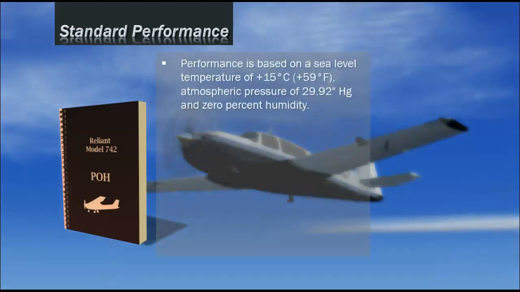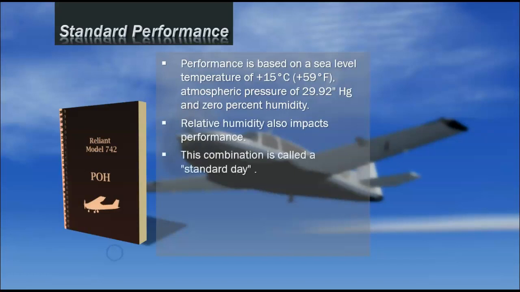Performance is based on sea level temperature, which is 15 degrees Celsius or 59 degrees Fahrenheit, atmospheric pressure of 29.92 inches of mercury, and 0% humidity. Relative humidity also impacts performance because it impacts density altitude.